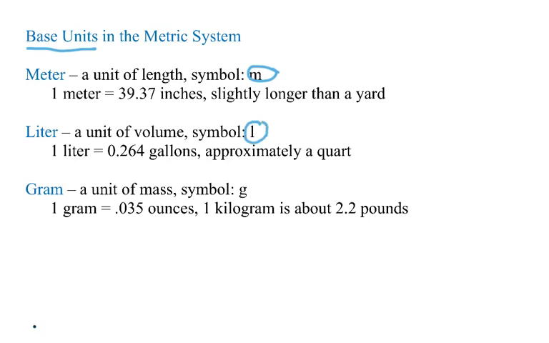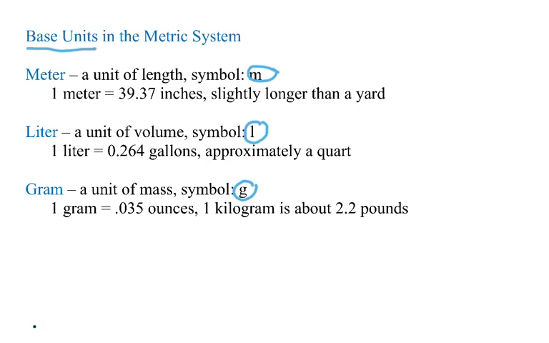1 liter is 0.264 gallons, so a liter is approximately 1 quart. And actually, that is one unit that we do see in the United States pretty often. We put our Coke in liter bottles. Finally, the gram. The gram is a unit of mass, and the symbol for that is G. Now, a gram is actually a very small unit of mass. 1 gram is about the same as 0.035 ounces.